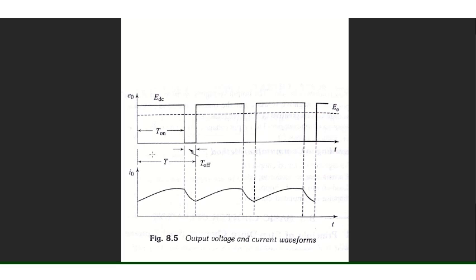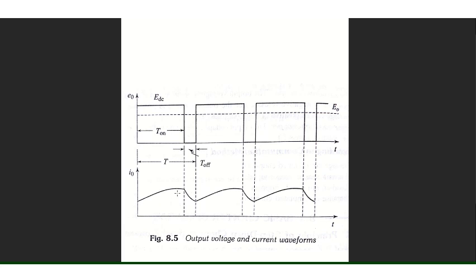T on is the time duration where the chopper is on. T off is the time duration when the chopper is off, and this total time period T, which is equal to T on plus T off, is called the chopping period.